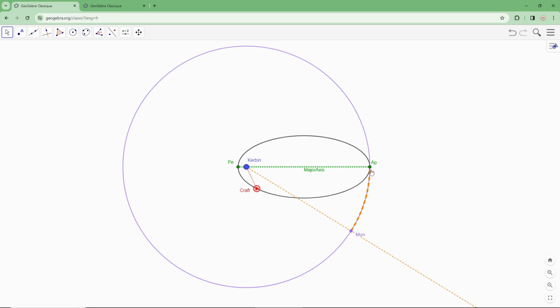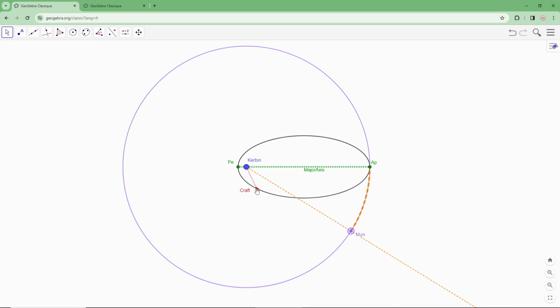So I can divide that distance by the circumference of the orbit, and I have a coefficient, and then I multiply that coefficient by 360 and I have the angle. So this is the angle for the Moon, right?